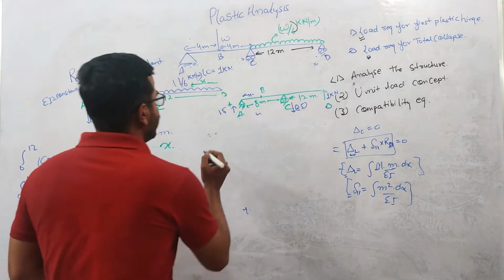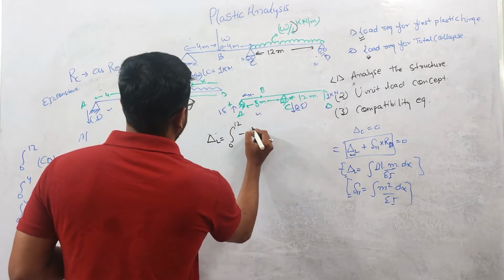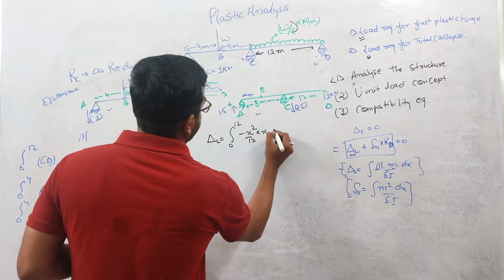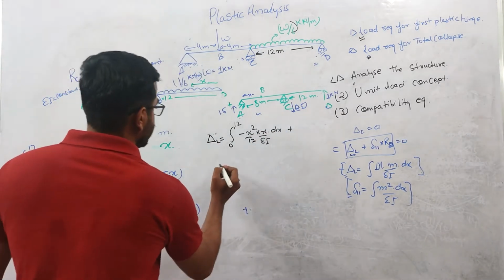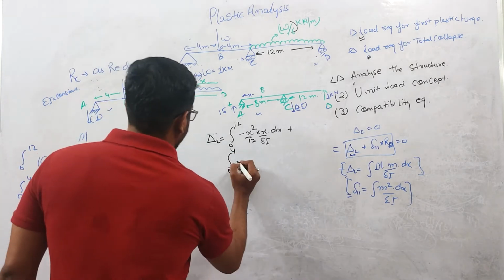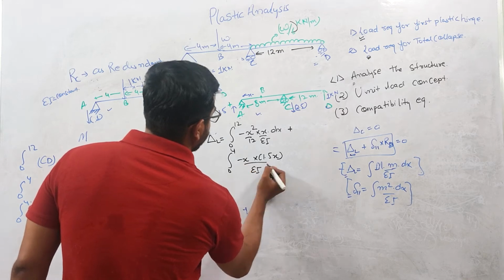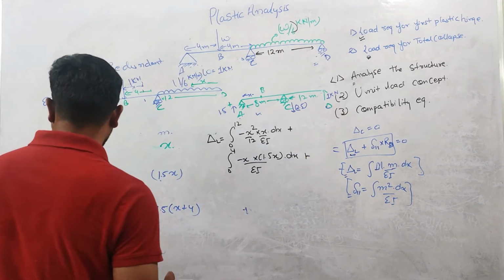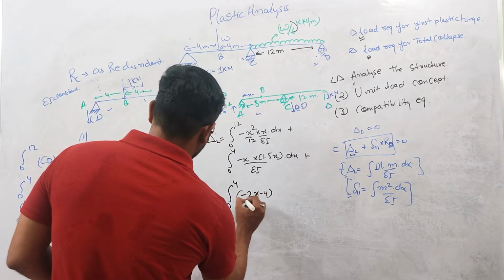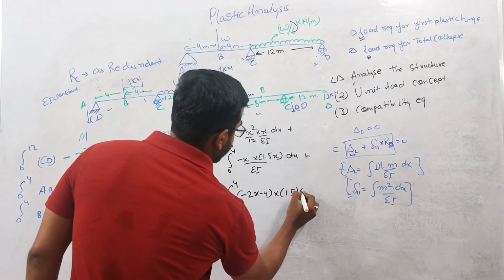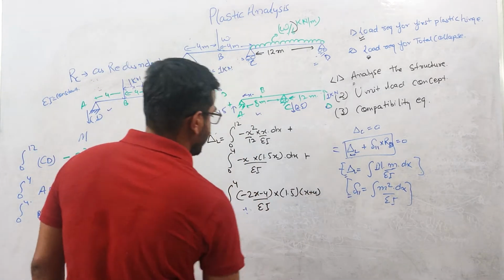First calculate what will be delta L. So delta L will be integration 0 to 12 of minus x square over 12 into x into dx over EI, plus 0 to 4 of minus x into 1.5 x over EI into dx, right, plus integration 0 to 4 of minus 2x minus 4 into 1.5 x plus 4, right, and again this is over EI.